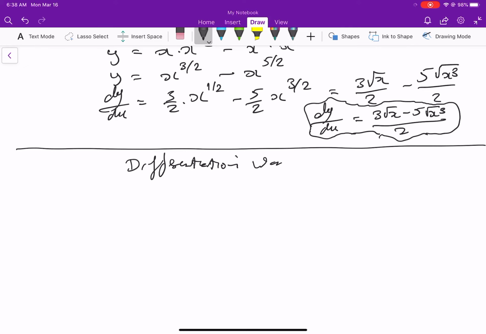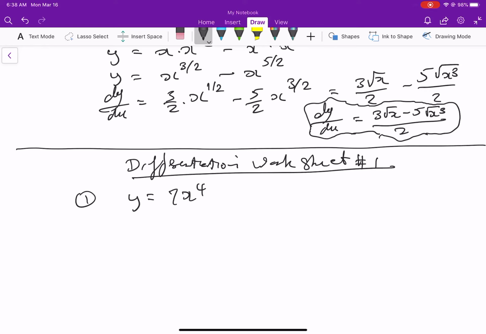Differentiation worksheet. Number 1. y is equal to 7x to the 4th plus 3x squared minus 4. Number 2. y is equal to 2x minus 3 all cubed.